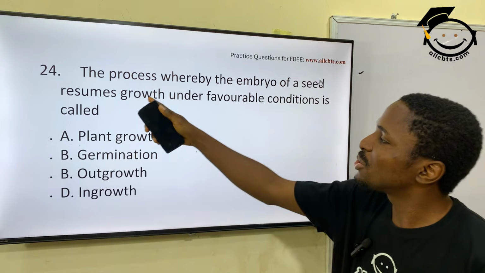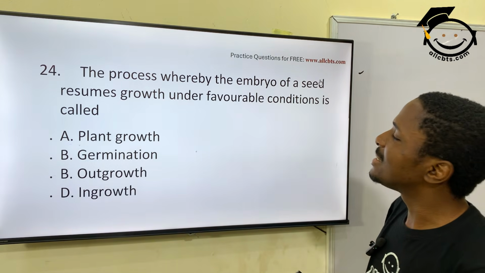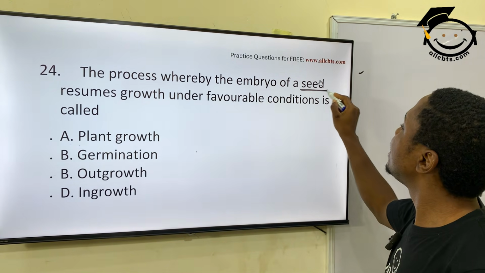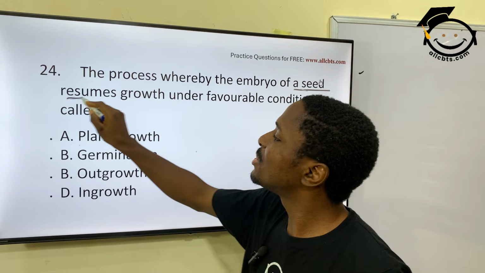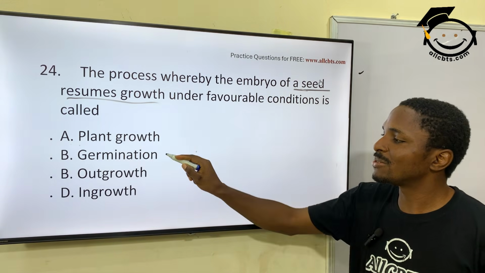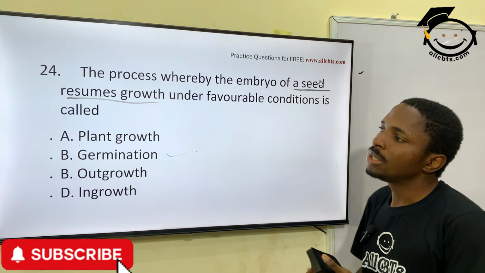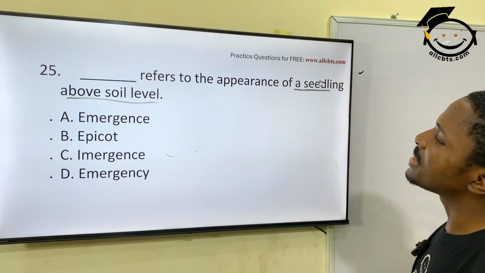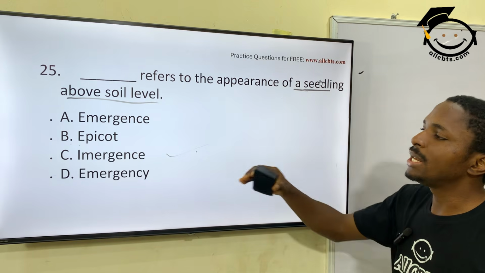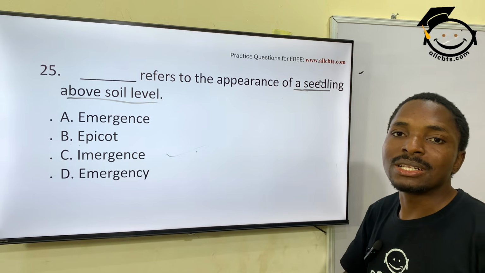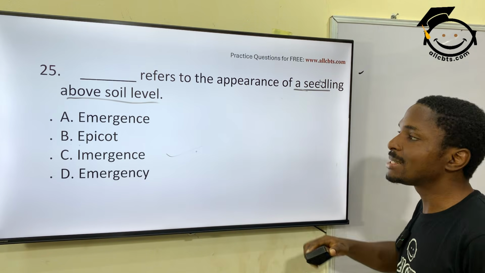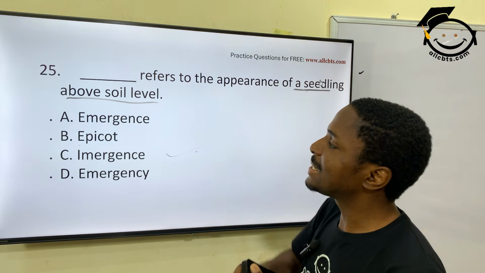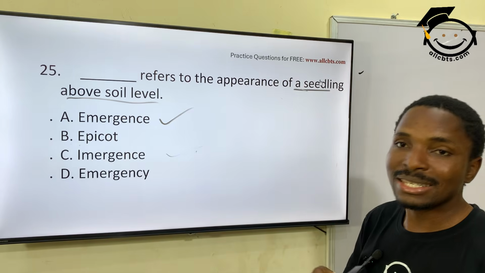So germination is just when a seed, this is the striking word there, resumes growth. Germination. Then question 25. That refers to the appearance of a seedling above soil level. When a seedling comes above soil level, what is that? That is emergence.